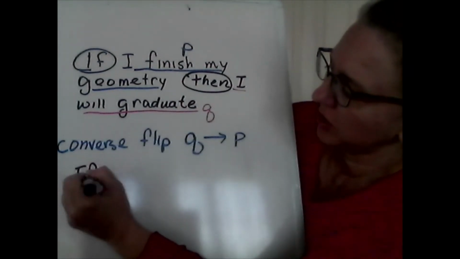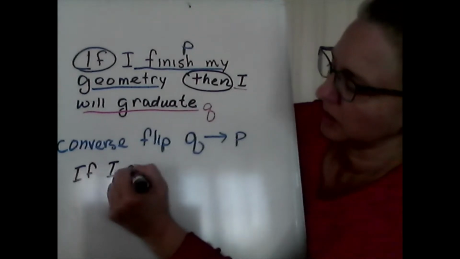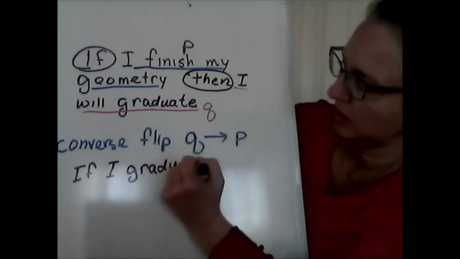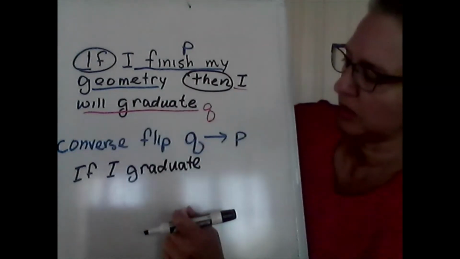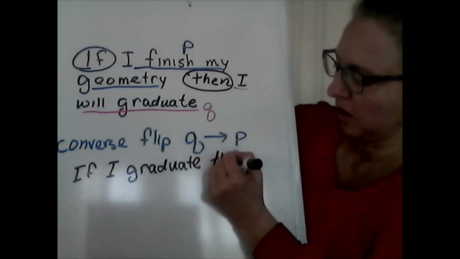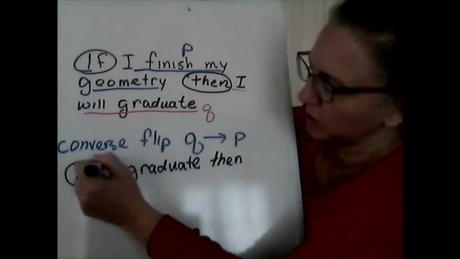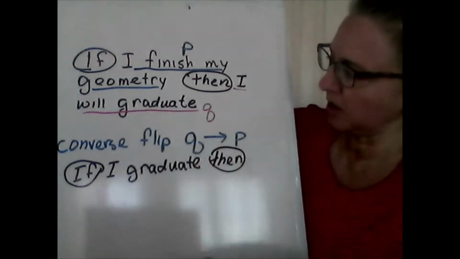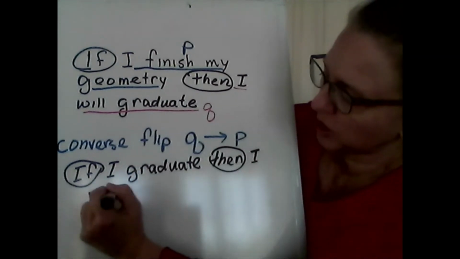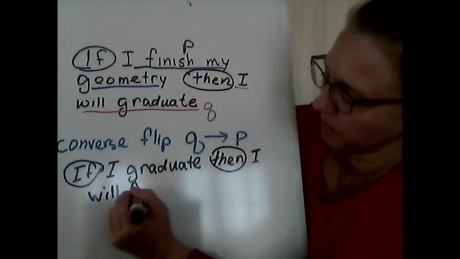If I graduate, the I will graduate is the Q. We put that first. Then, here's my if, here's my then, I will finish my geometry.